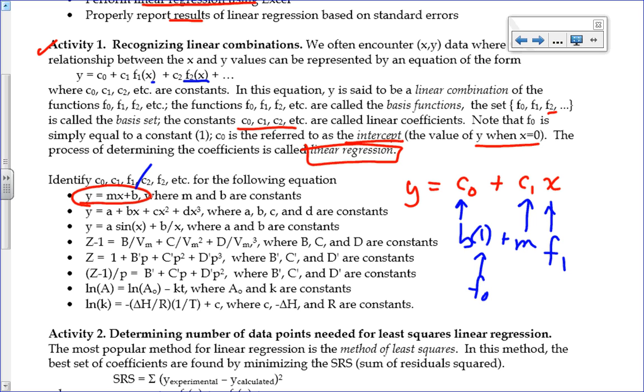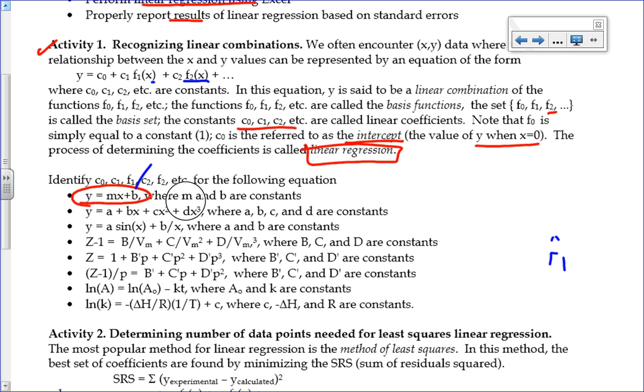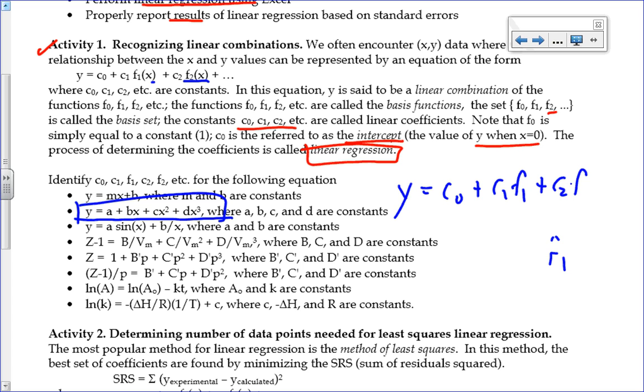So let's look at the next one. y equals a plus bx plus cx squared plus dx cubed. Okay, so c0 plus c1 f1 plus c2 f2 plus c3 f3. So what's my c0 here? The constant that's by itself.